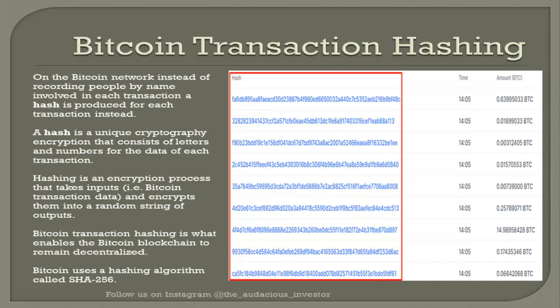It does not need to be centralized because it's protected via cryptography, so no one can change or alter any of the transaction information, or steal your coins, because everything is protected through cryptography. And the cryptography that is used in Bitcoin is the hashing algorithm called SHA-256.